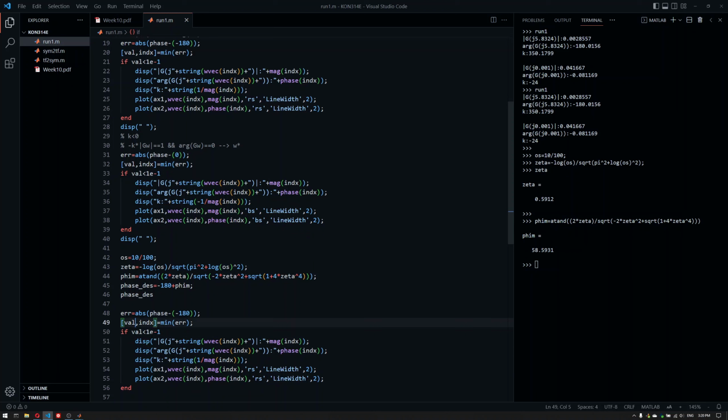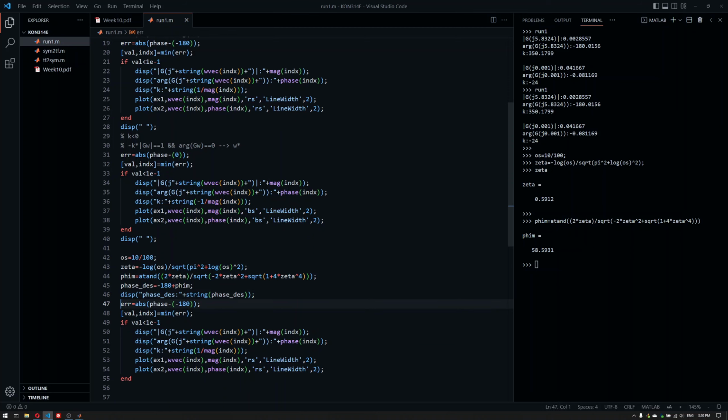So let me display, or let's just call it phase des plus string. There we go. So the desired phase value is this. We're just notifying ourselves.